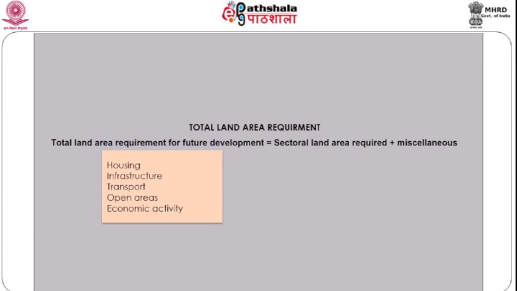Now, for what time period, for how many years do we estimate? Traditionally, projections in master plans have been for 20 years in cities worldwide. Maybe from 15 years to 20 years were the time period on which projections are done.